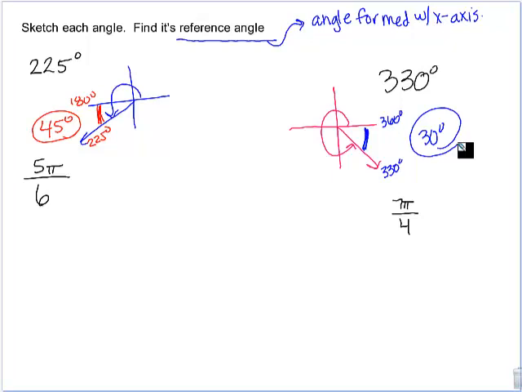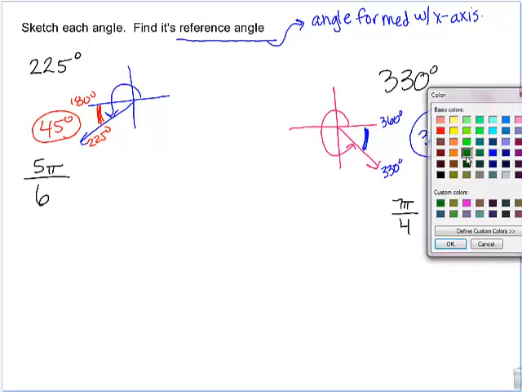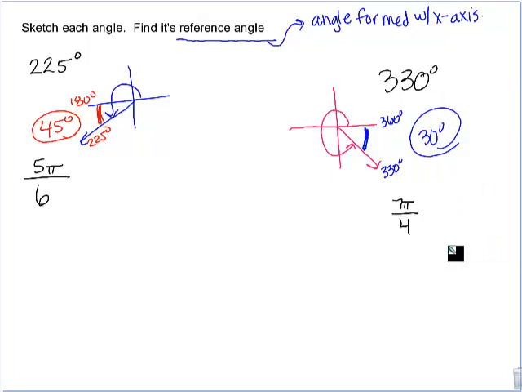5 pi over 6. So 5 pi over 6, which quadrant? In third. It's in the second quadrant.